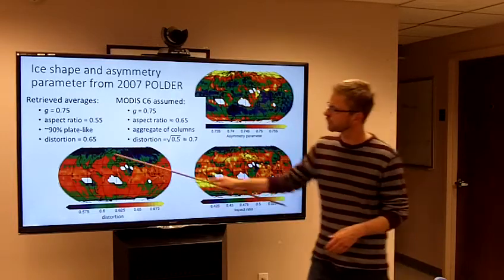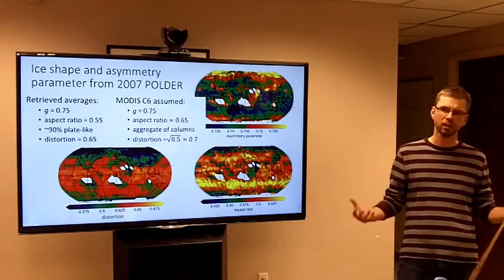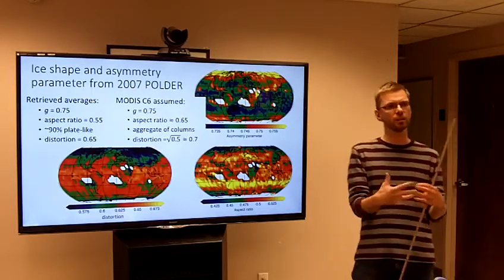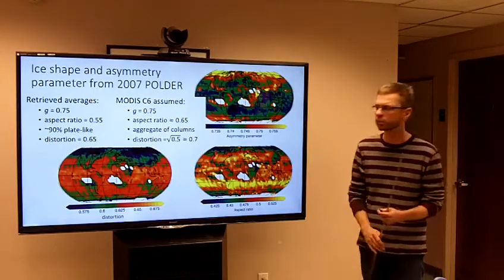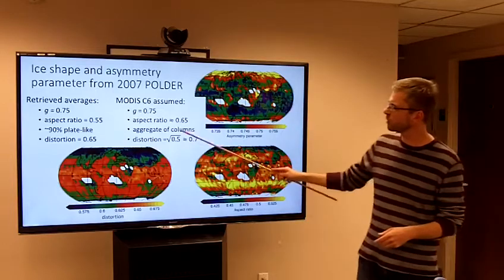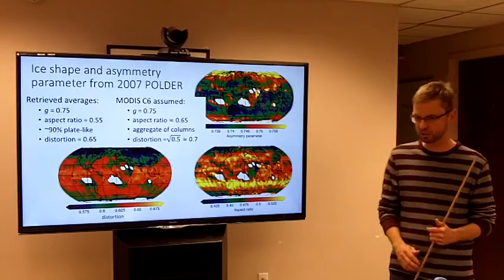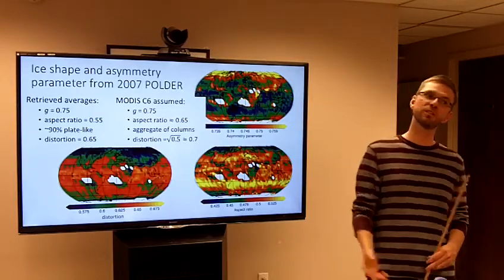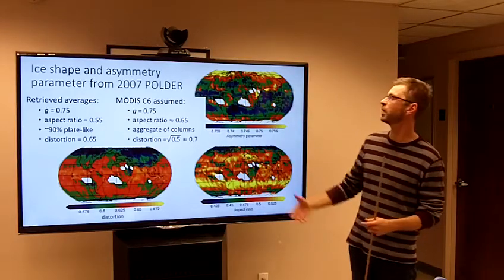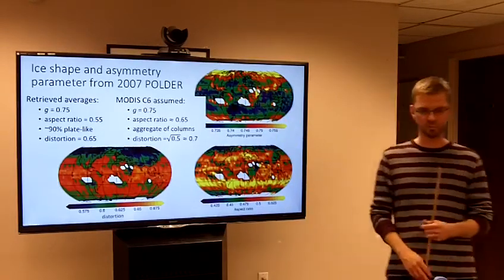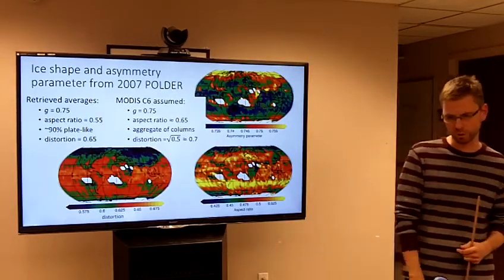This distortion parameter of almost 0.7 is a parameterization, but it shows almost maximum distortion, which is also assumed for the MODIS retrieval. So it's consistent with MODIS, which is not a surprise because they are also based on POLDER measurements, not these retrievals, but global average measurements of polarized reflectances.